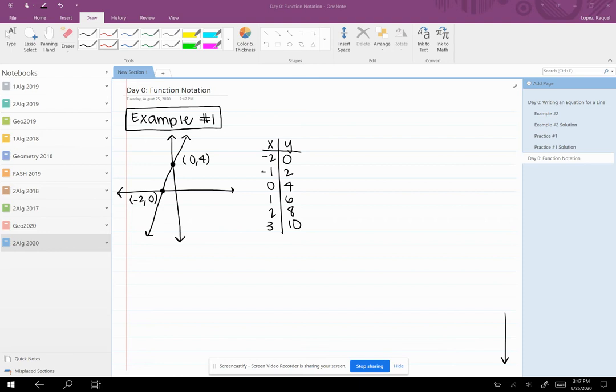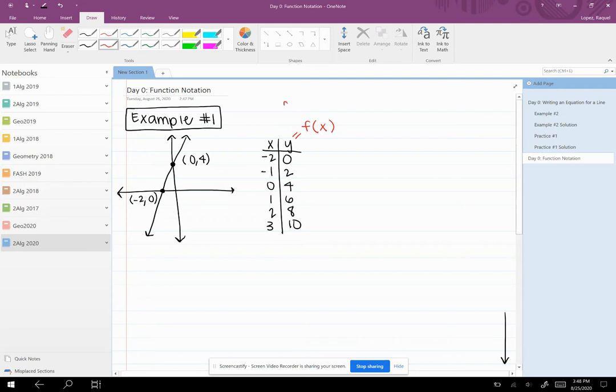Okay, welcome back. Today's video, as you can see from the top of the screen, is on function notation. When we look at a table, we know that all of our x values are going to be on the left and all of our y values are going to be on the right. Another way to say the y value is by calling it f of x.